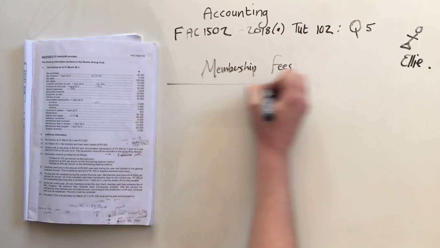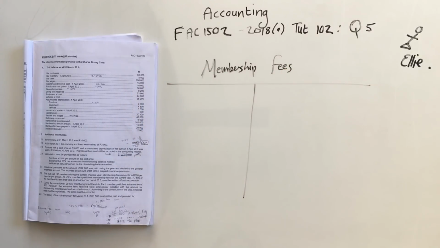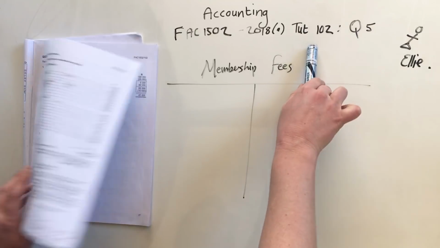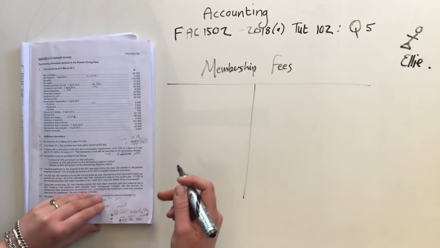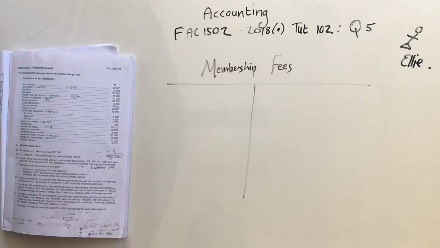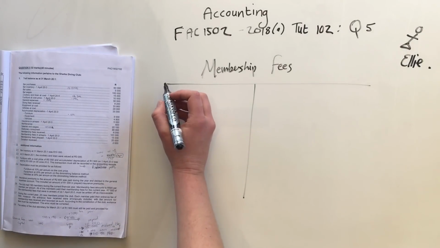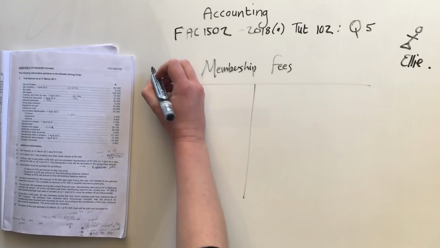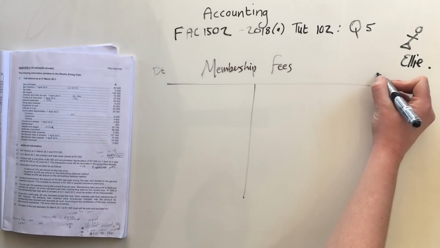Now it's an account that looks like this. We are on question 5 of TAT letter 102 and they are asking for the general ledger account. The general ledger is this T thingy with the debit on the left and the credit on the right.